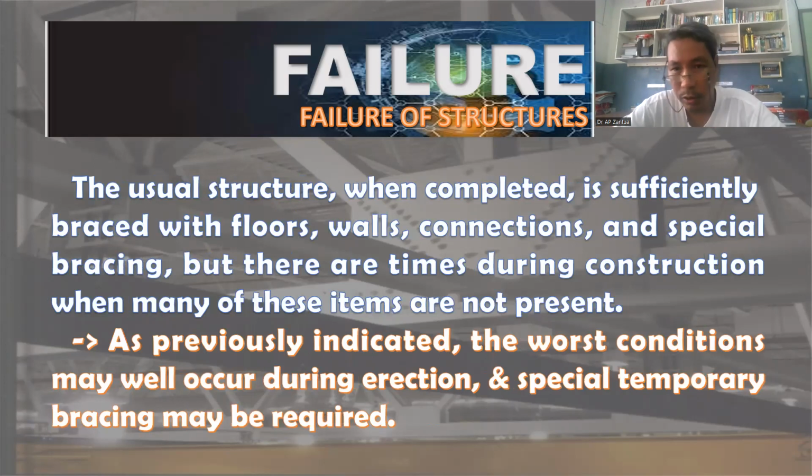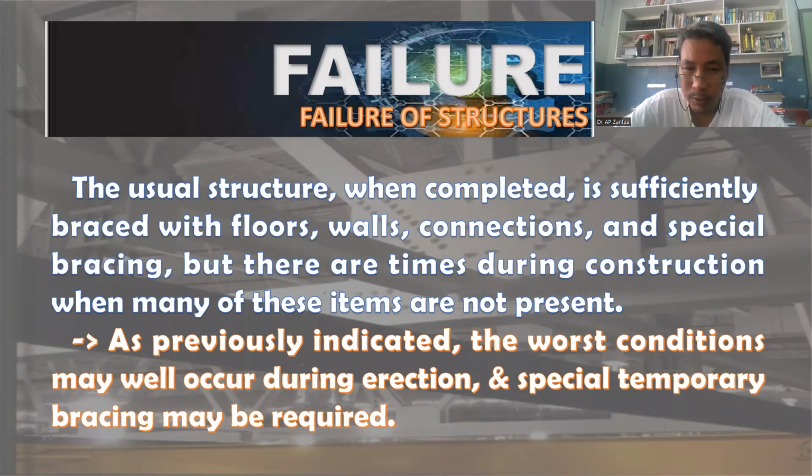The usual structure, when completed, is sufficiently braced with floors, walls, and connections, and special bracing. But there are times during construction when many of these items are not present. So if they are not present, sometimes we just neglect it during the construction. So there are plenty of actions during the construction that we neglect.